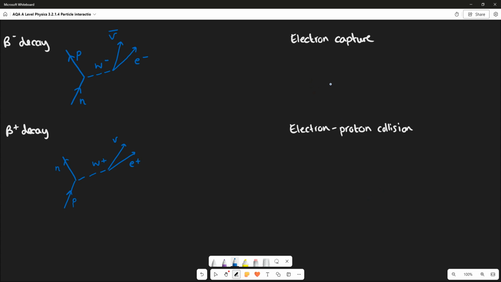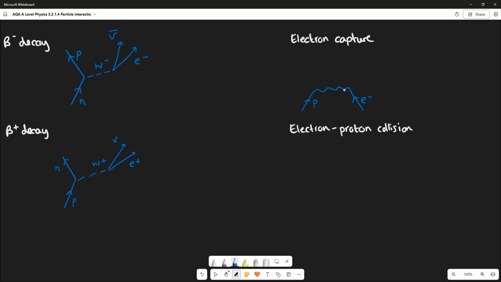So let's have a look at electron capture. So we have our proton inside the nucleus, and we have our electron outside the nucleus. And what happens here, and what I'd like you to imagine happens, is that the proton reaches out to grab the electron.